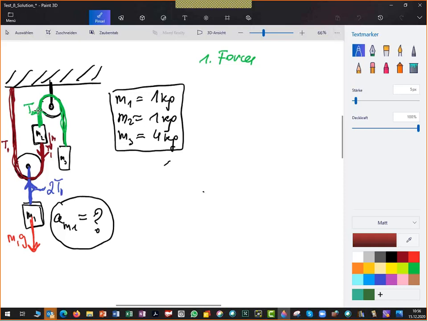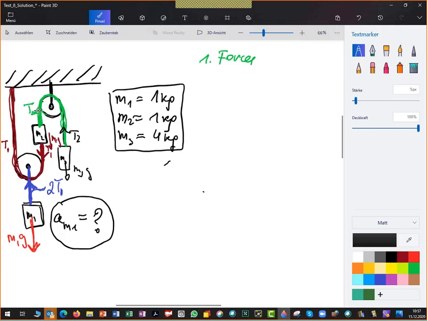And finally, with the mass M3, I think this is the simplest because it's only T2 upwards and M3 g downwards. I think this should be okay. If you notice something wrong, please let me know.